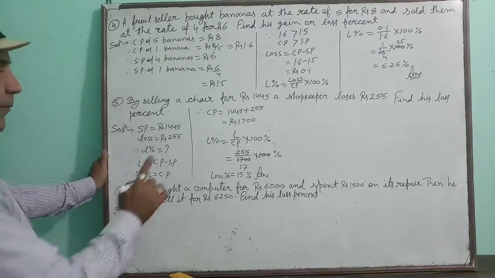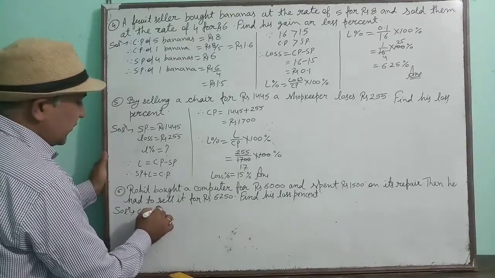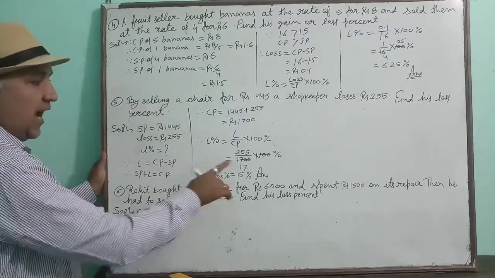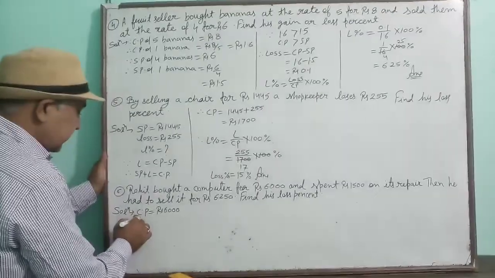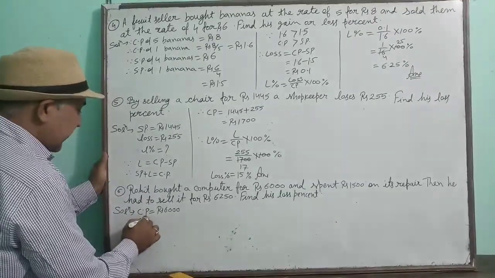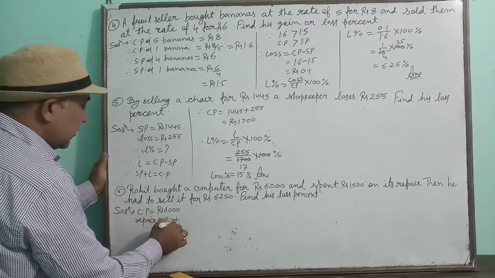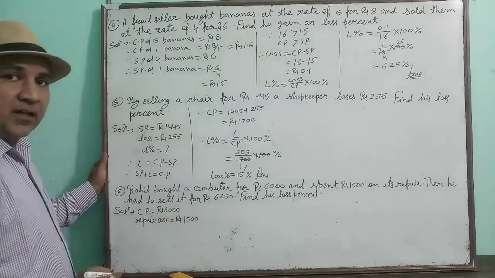Rohit bought a computer for rupees 6000 and spent 1500 on its repair. That means cost price of computer is given, rupees 6000. What is the repair cost? Repairing cost is rupees 1500.